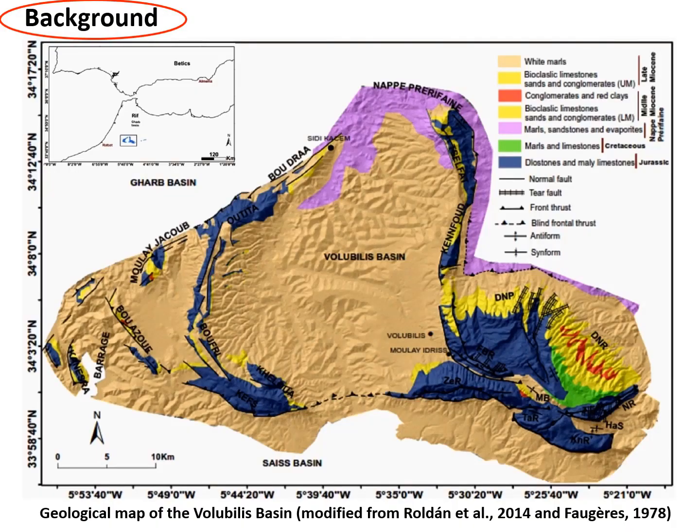The Volubilis piggyback basin is located between two curved thrusts that form the South Rifain Ridges, northern Morocco. It is a subsided area as a continuation of the deformational orogenic ridges related to the African and Eurasian plates motion.